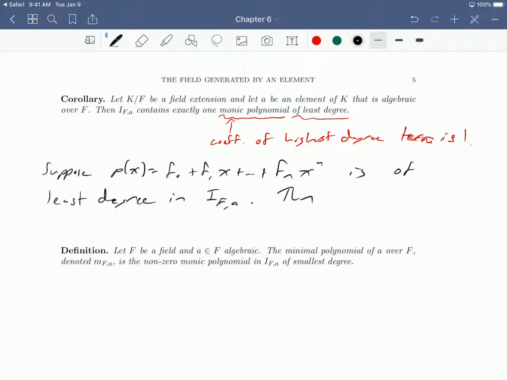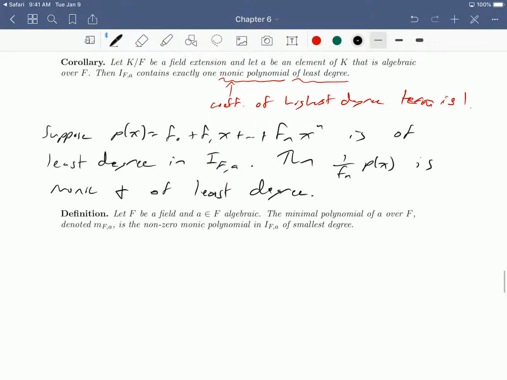Then, if we want to know what's the monic one, all we do is divide by fn. And that's monic and of least degree. And that's the only one. All others are going to be multiples of that because that's one of least degree.